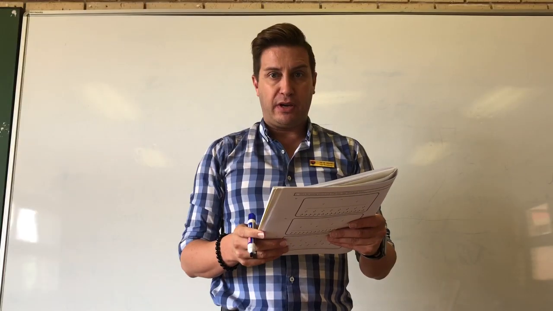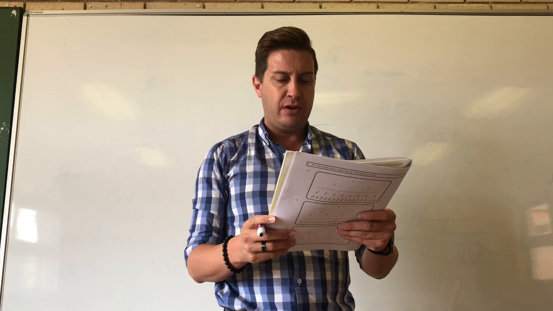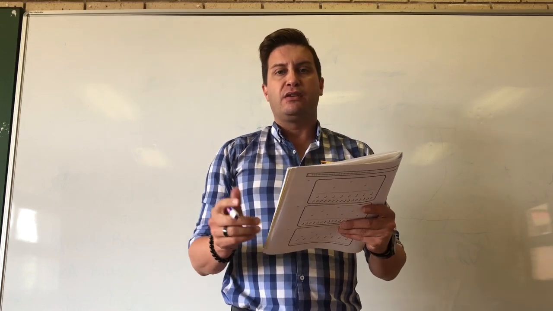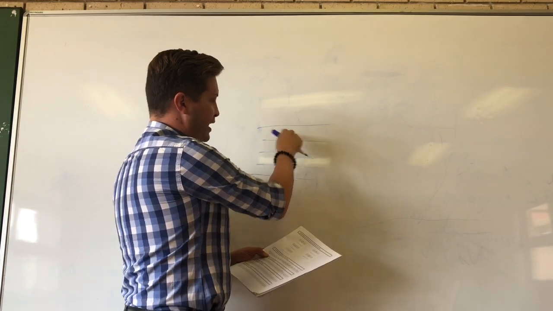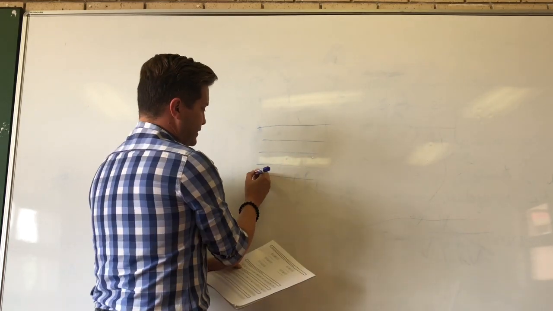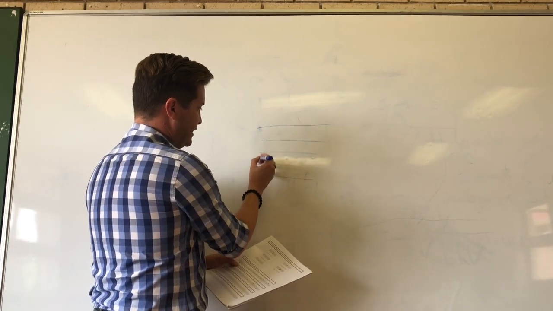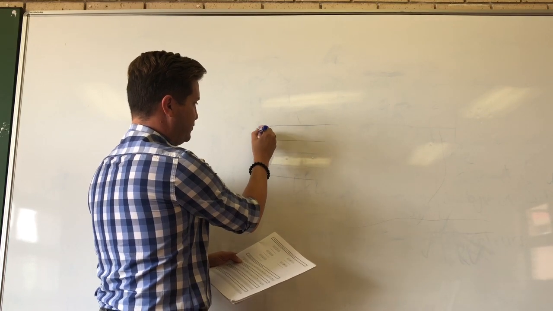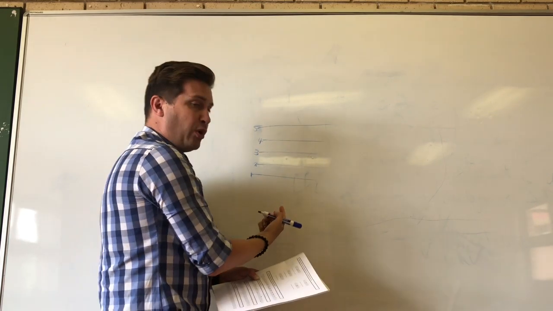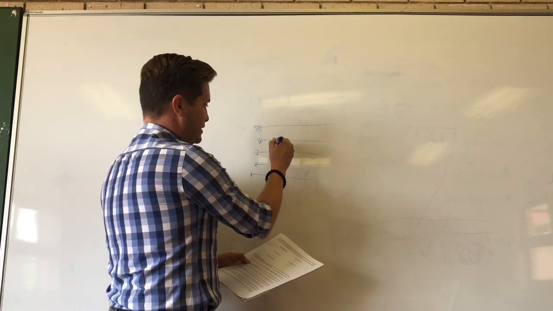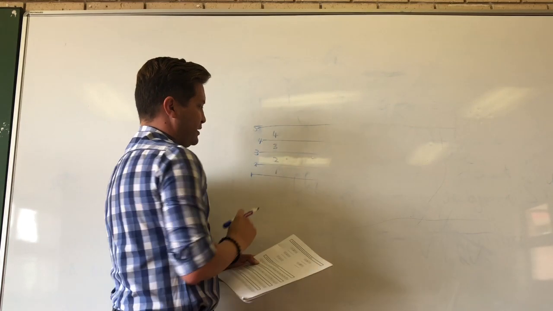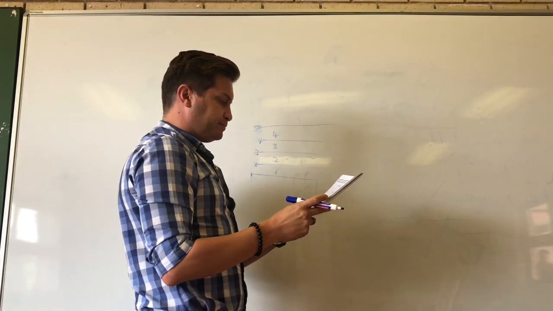Just something before you get to number 3 on page 3. When you are writing notes, you use the stave consisting of 5 lines and 4 spaces. This is the first line, second line, third line, fourth line, fifth line. We always count from the bottom up. This will be your first space, second space, third space, and fourth space.